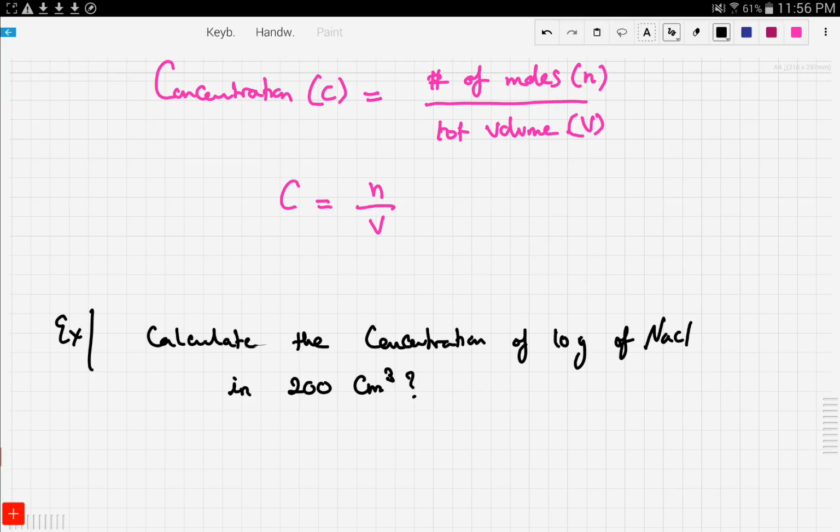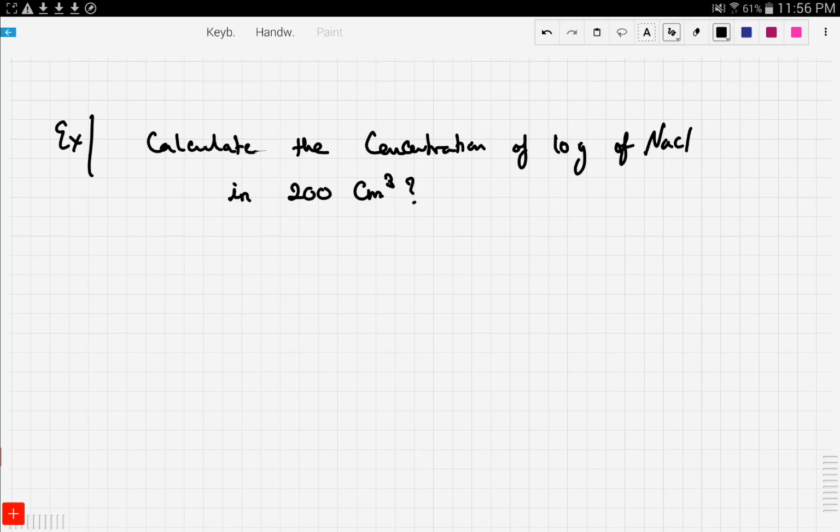Now, let's see. Well, the question wants you to find the concentration. So concentration is the number of moles over the total volume. Well, that's easy, right? So let's start.